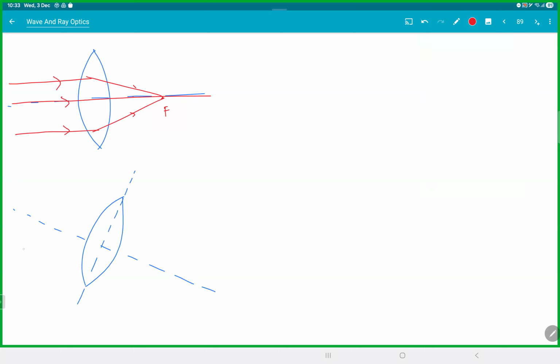Fair enough. Now, the light ray which is passing through the optical center will go undeviated. Ray through optical center is undeviated. That will just go straight.